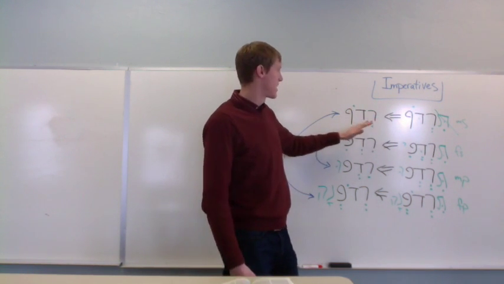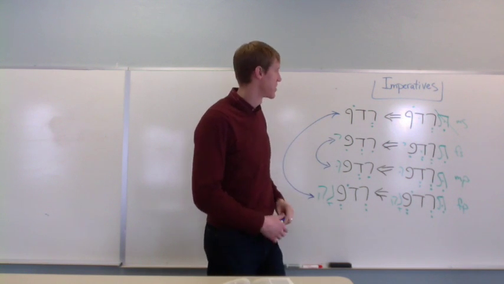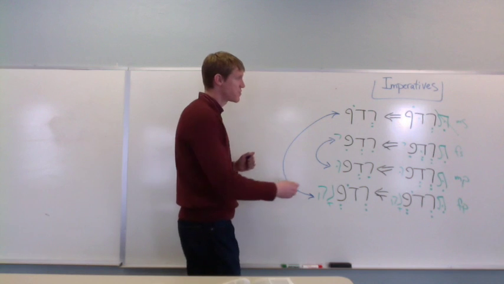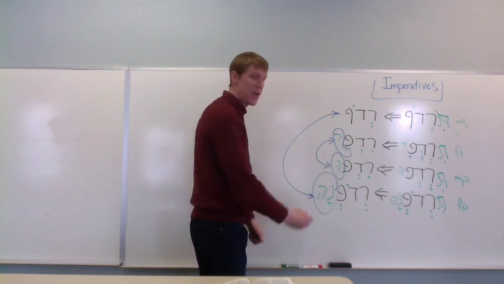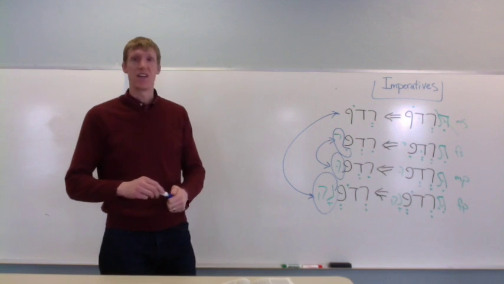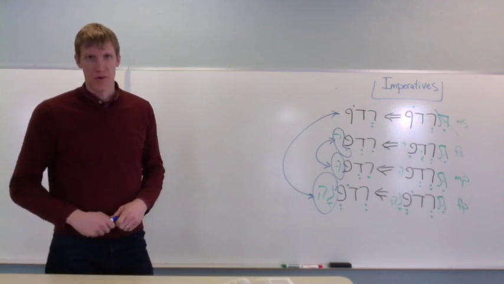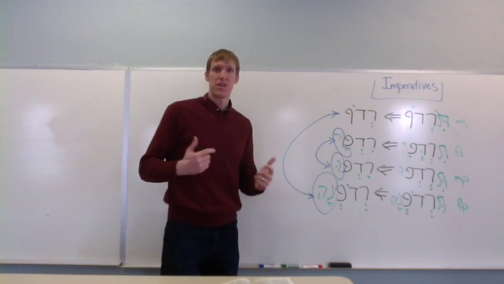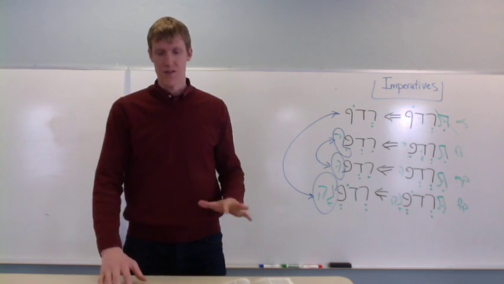The masculine singular is the only form of these four that does not have a prefix complement. But all of these do, and so these become your imperative endings that then tell you the gender and the number, whether masculine or feminine, singular or plural. And of course, they're all second person.